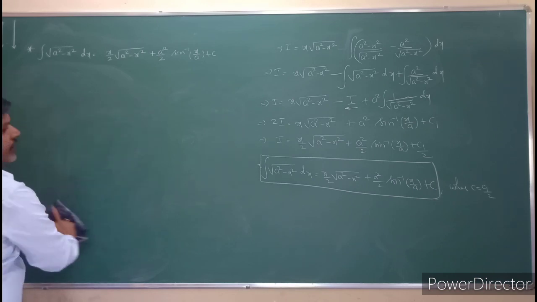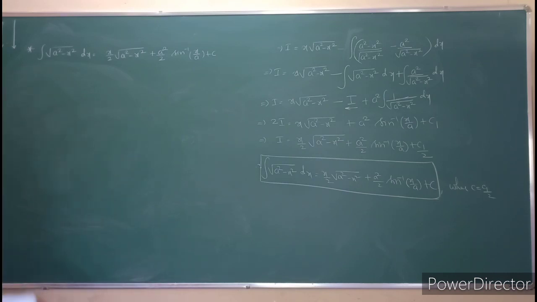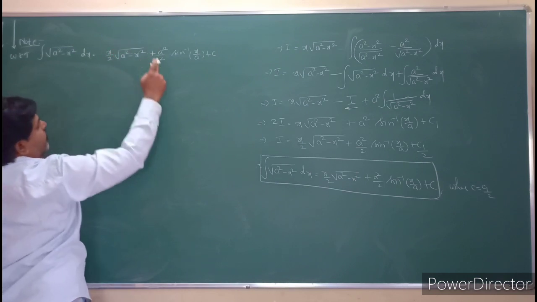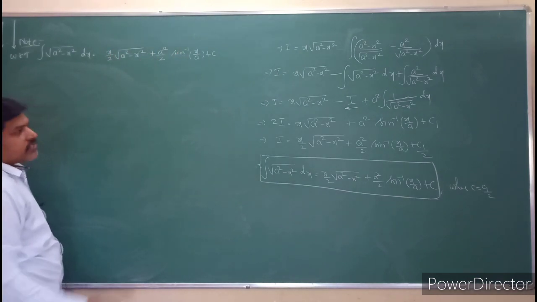So see some note point. Note. Already we know this condition, root of a square minus x square into dx is equal to x by 2 into root of a square minus x square plus a square by 2 into sine inverse of x by a plus c.